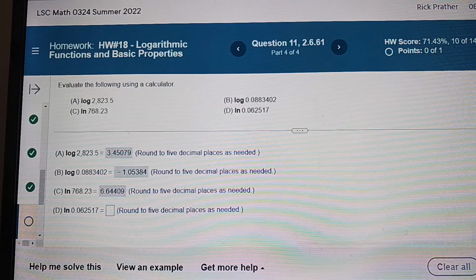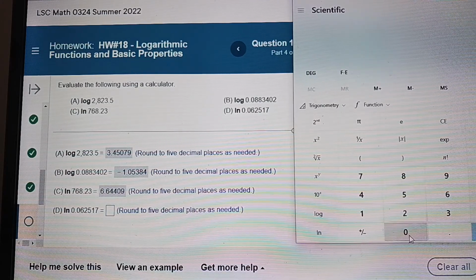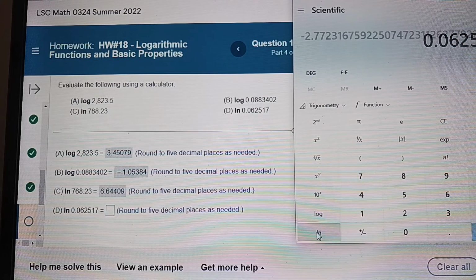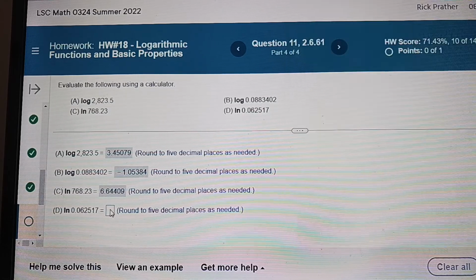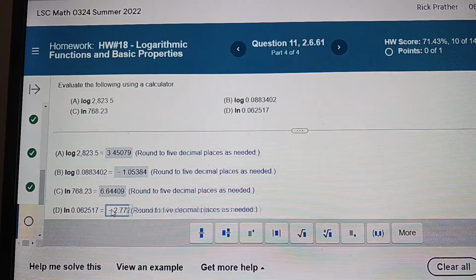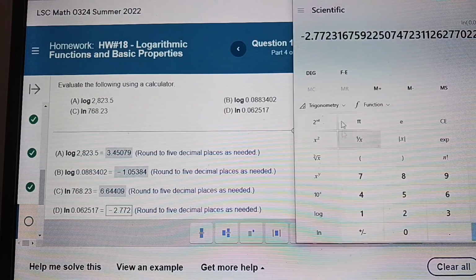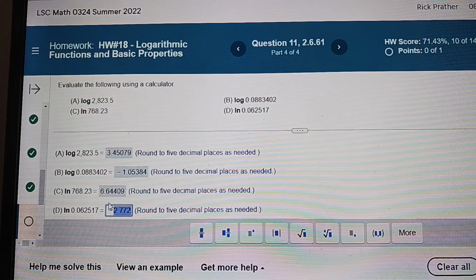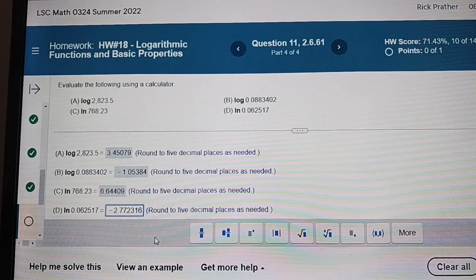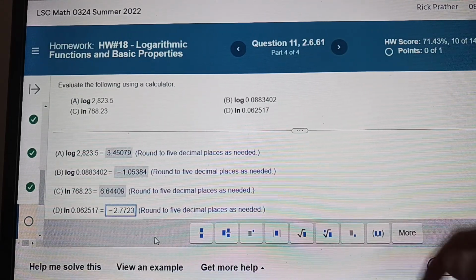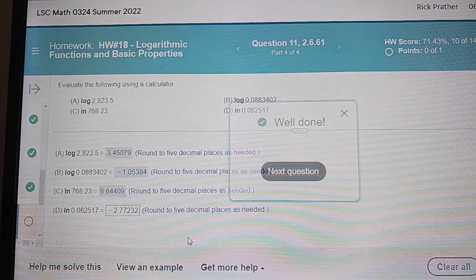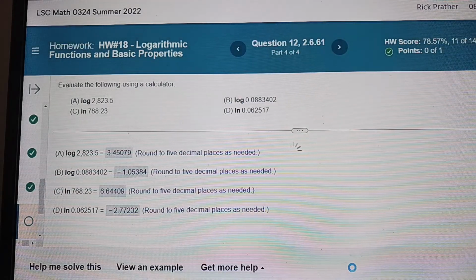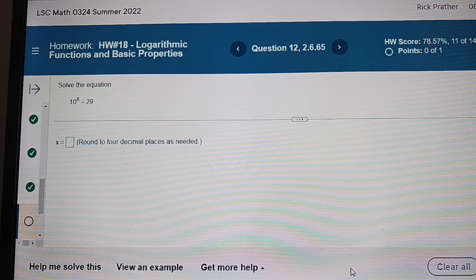And then finally, ln of 0.062517 ln, negative 2.772316. The 6 is big enough to add 1 to the 1 and make that 1 a 2. So there are a few times where you do that.